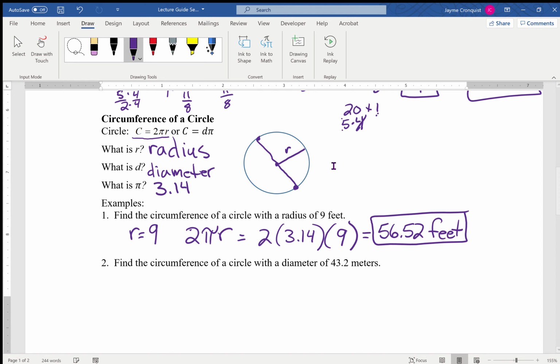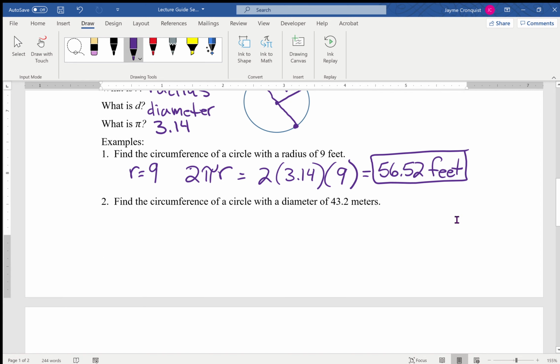Now, this second equation is giving us the diameter, so we now have D. We're going to use the equation pi d.